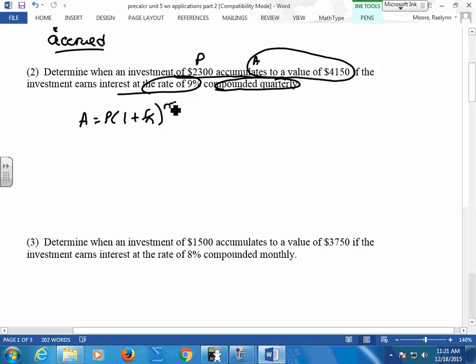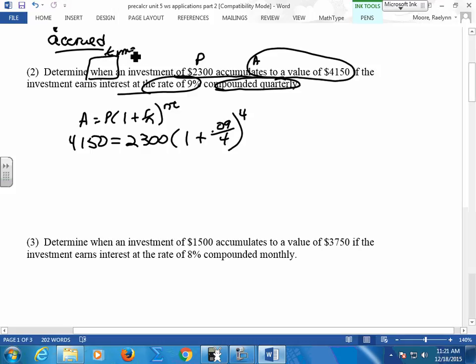Do we know A? Yes. What is it? 4150. Good. I want to know when I'm going to make this much money from my little investment of $2,300. What's my rate? 0.09. What's my compounding? 4. And the time, that's the guy I need to know. This is what I'm missing.